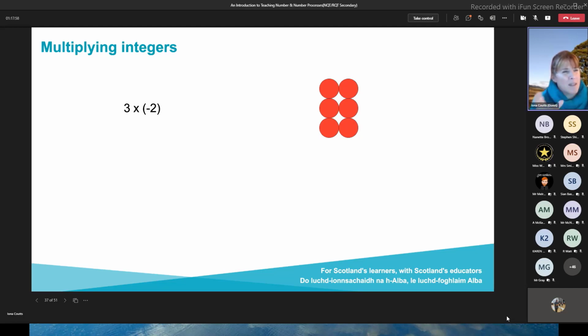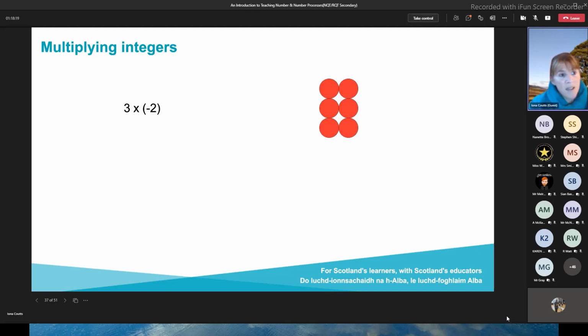Learners should also be dead familiar with this idea of commutativity in arrays, but basically if you've got the array that way, you can just swap it to that way and you're representing the same calculation in a different way. So 3 2s, 2 3s, same calculation really. And in the same way here, we've got 3 lots of -2.